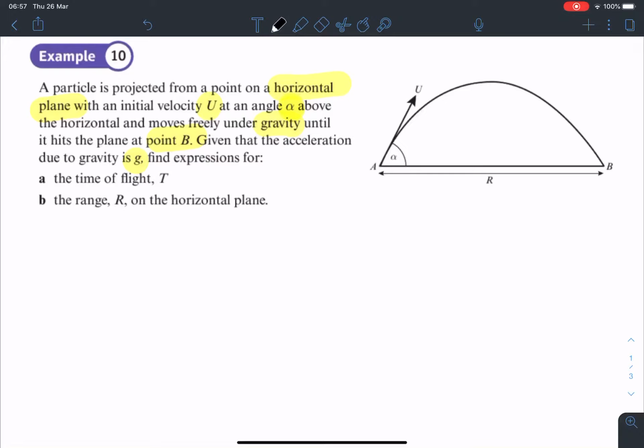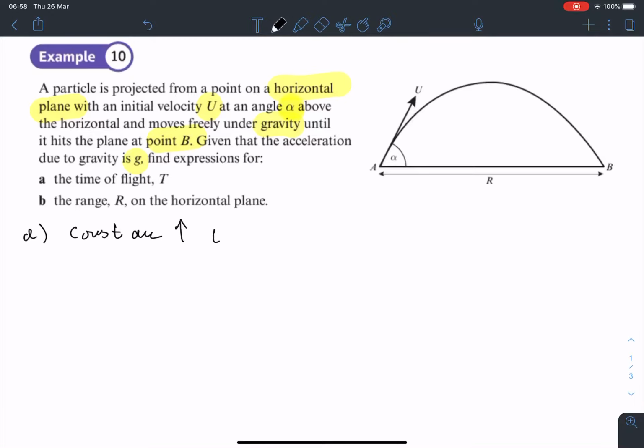Okay, so if we scan back through the yellow highlighted bits again, we can clearly see that this is going to be a constant acceleration context. And we've seen it many times before. The time of flight is twice the time to the highest point. So we're going to work vertically.